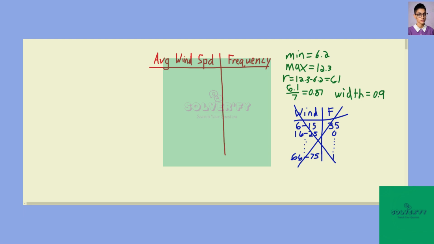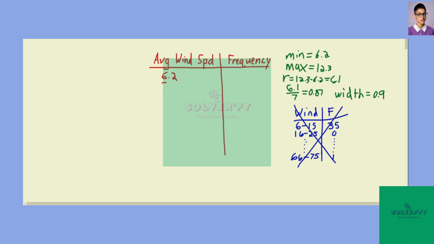Now we can finally construct our classes. Our starting point could be 6.0 or 6.2. I'll go ahead and just use 6.2 for this one. It doesn't really matter which one you pick. Now, to find each new class, we're going to add the width.